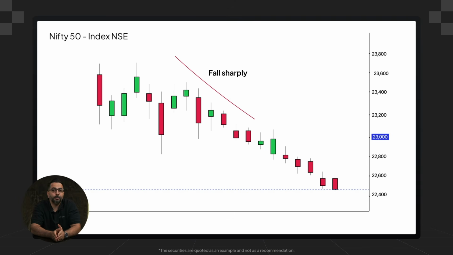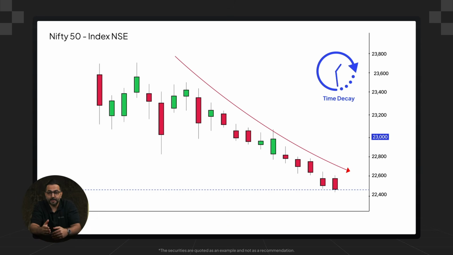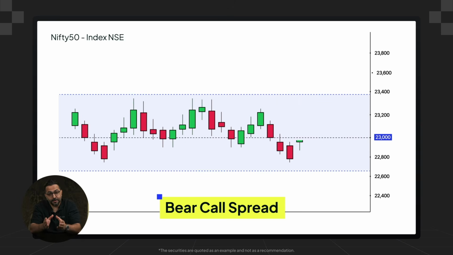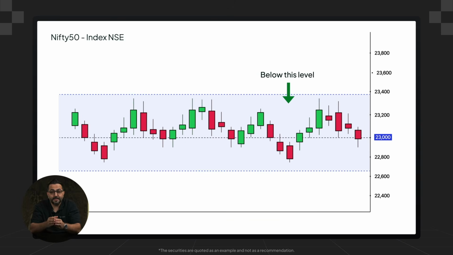Now, how is this different from buying a put? When you buy a put, you need the market to fall enough for the trade to work. If the move does not happen quickly, time decay can reduce the option premium. But in a bear call spread, you are not necessarily looking for a big fall. You are mainly expecting the market to stay below your selected level.